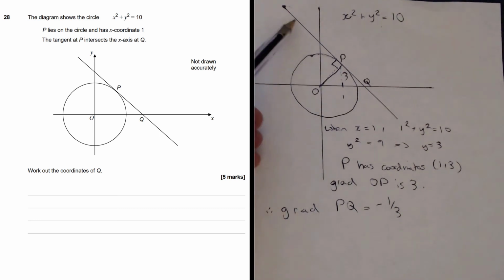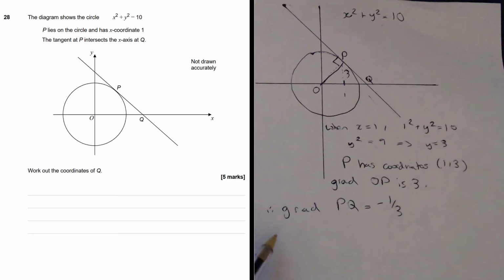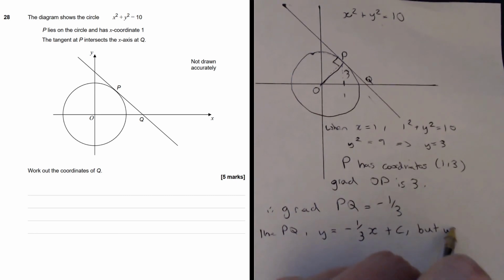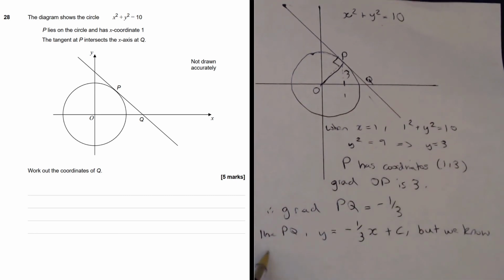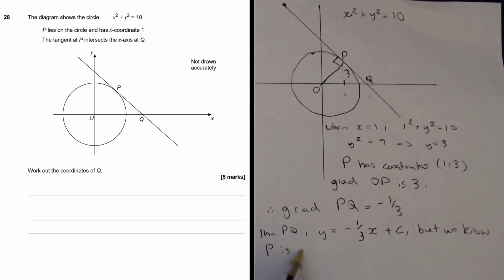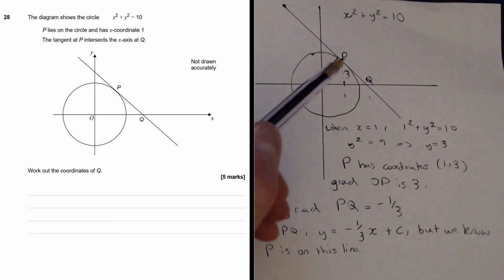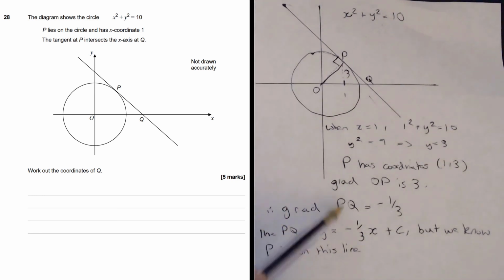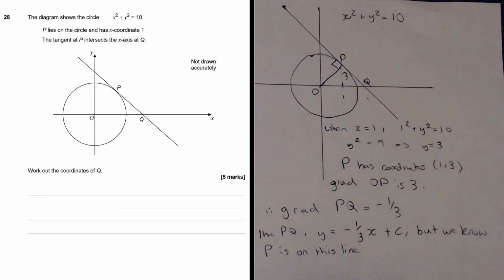So let's come up with a general equation for this line. So line PQ, we're going to have y equals minus a third x, we know the gradient, plus c. But we know P is on this line. So we can use the coordinates to find out what the intercept c is.